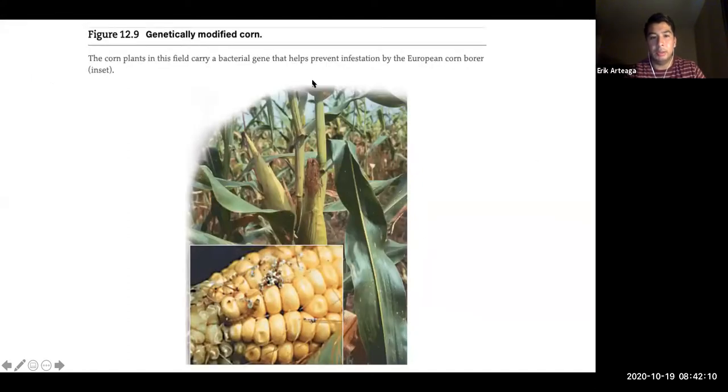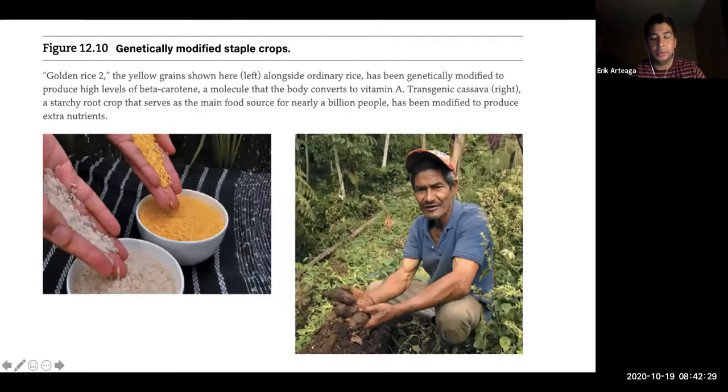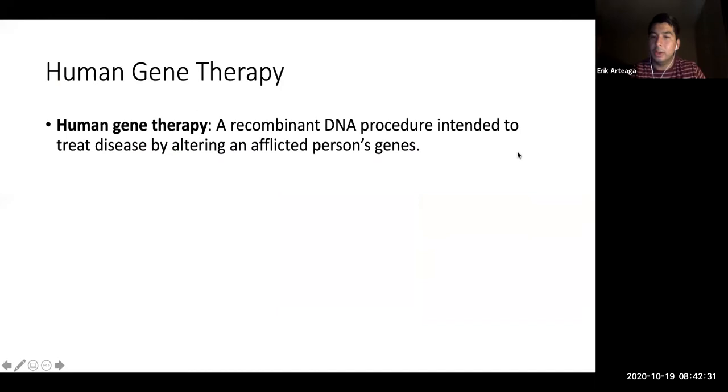Okay, genetically modified corn, we can add specific genes that'll protect them from different pathogens, right? So the corn borer insect shown here, we are able to add very specific genes that can protect them from these pathogens. Okay, well, we can have transgenic, just more vegetables and things like that.